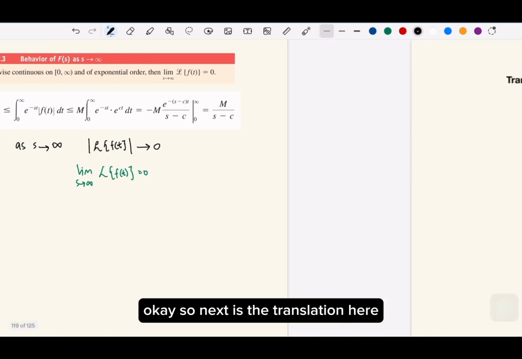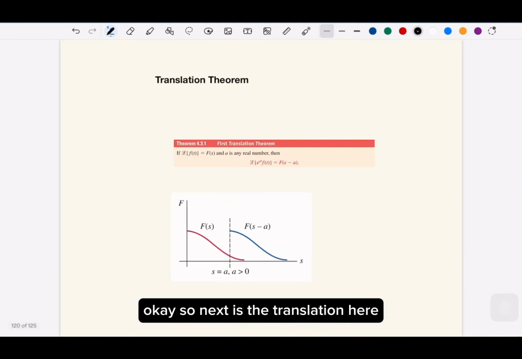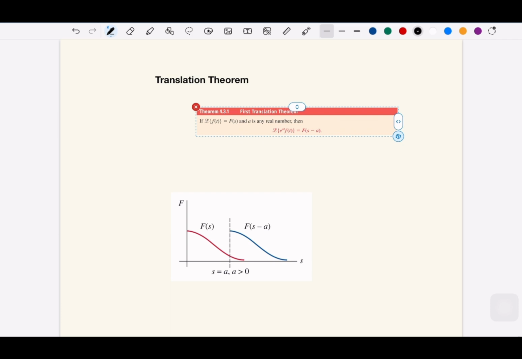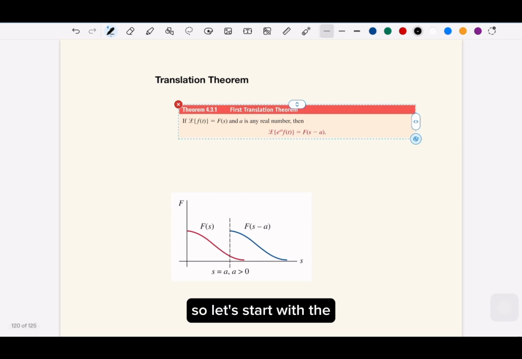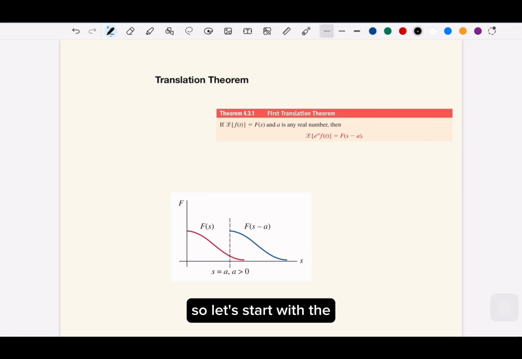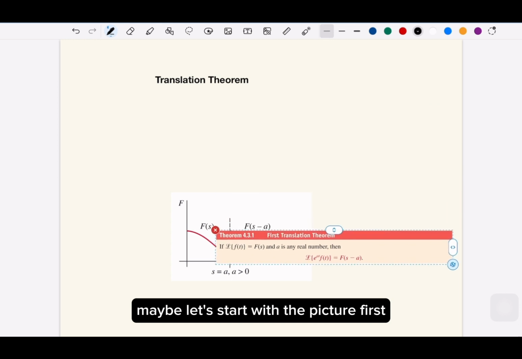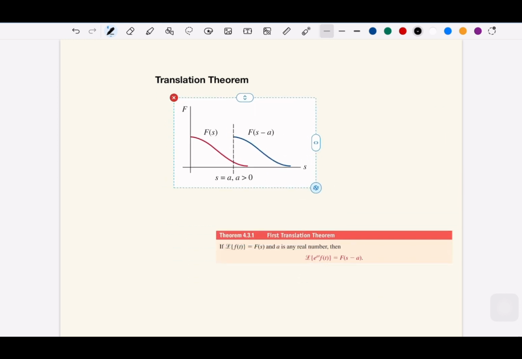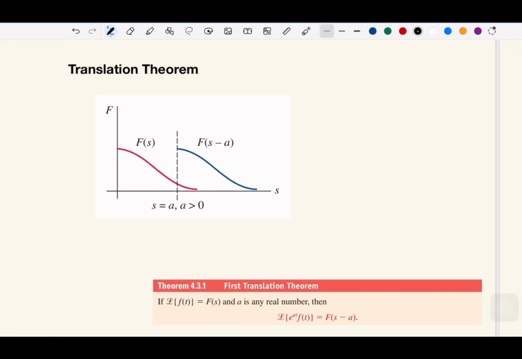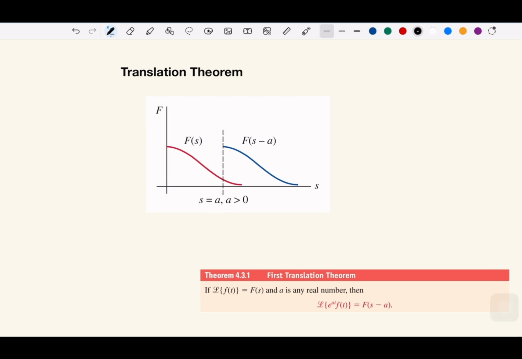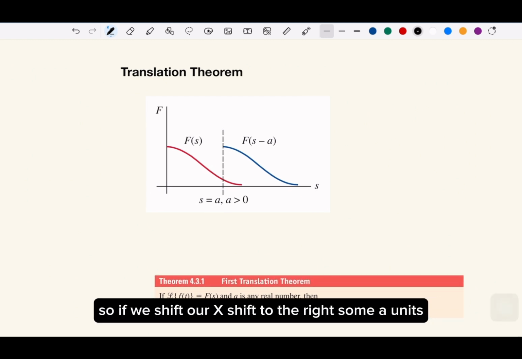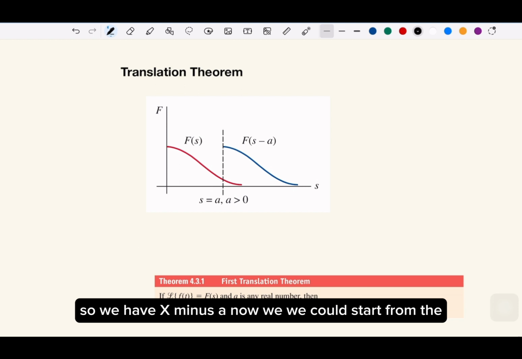Okay, so next is the translation theorem. Let's start with the picture first. If we shift our F of s to the right by some a units, we have s minus a.